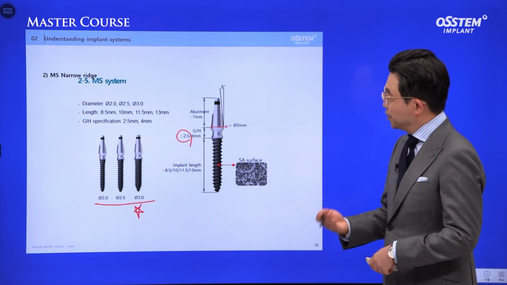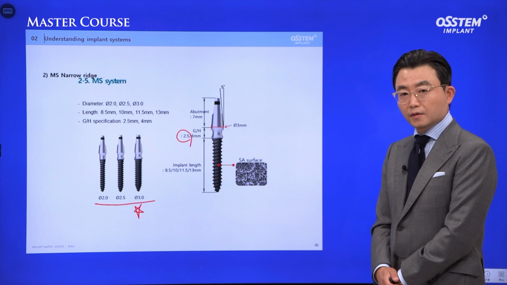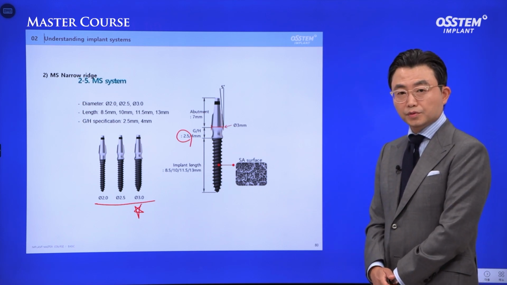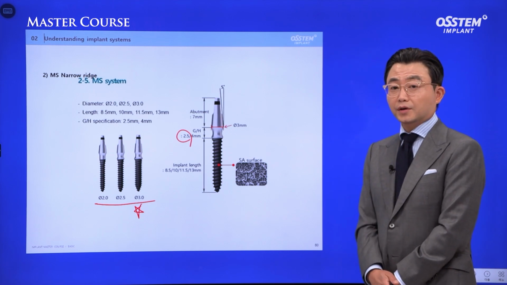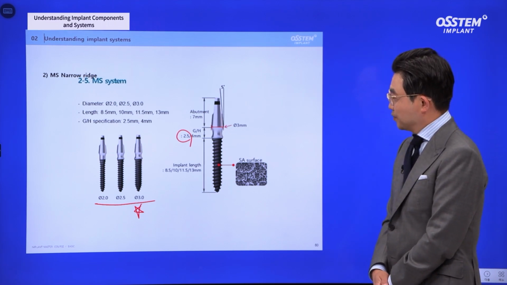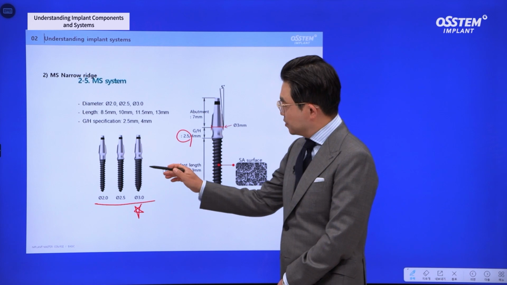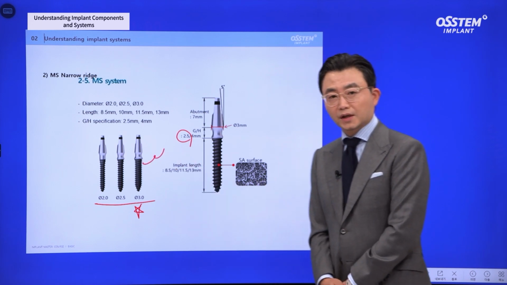Sometimes at our clinic, a one-body implant breaks, and the patient comes in because of that. And when I get referrals of those cases, it's really challenging, because a one-body implant is very hard to remove.